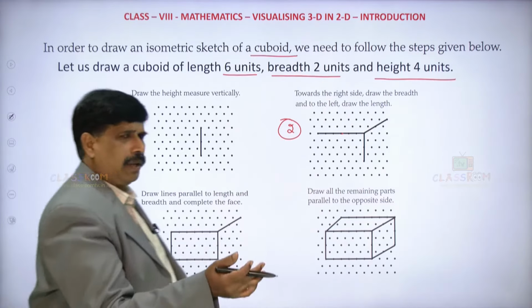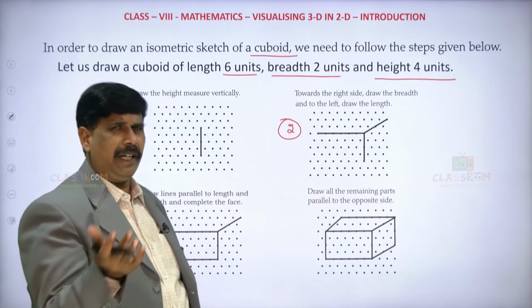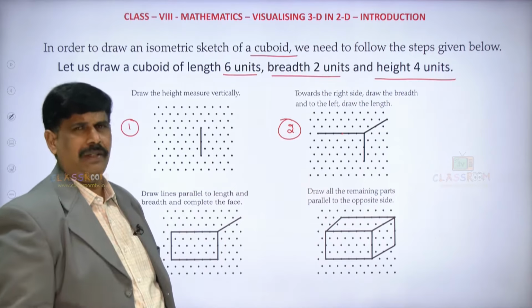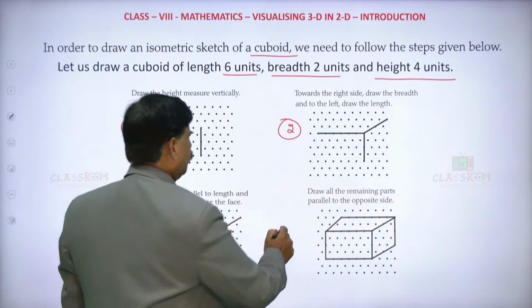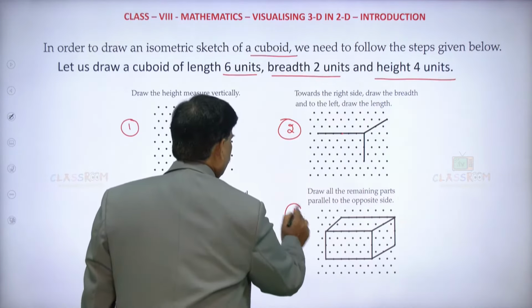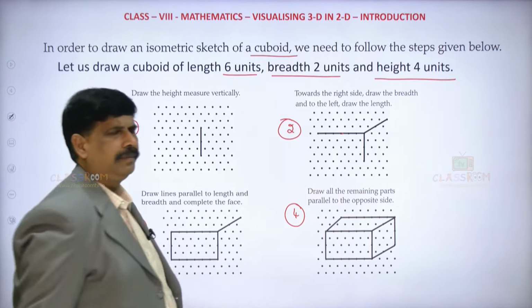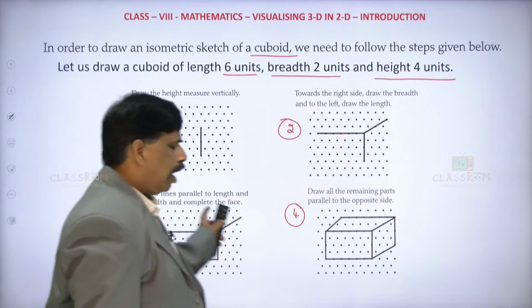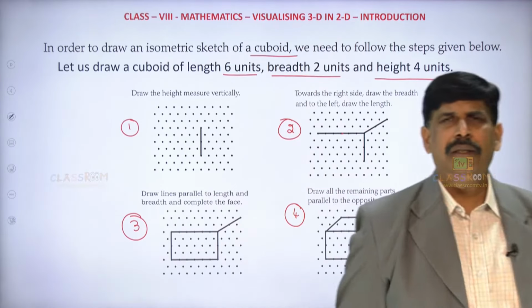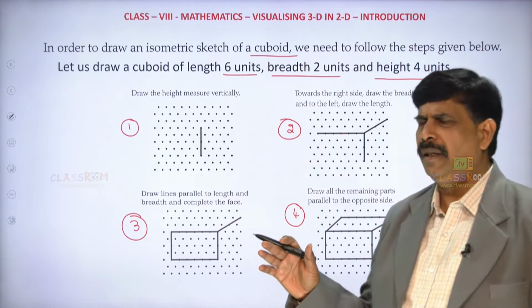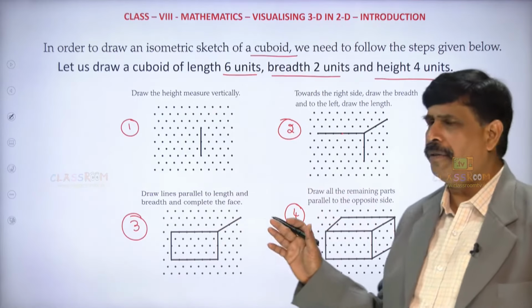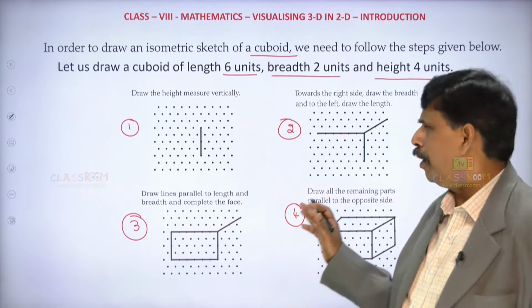And we will draw whatever the sides remaining, we draw the parallel sides. So this is the fourth step. Draw all the remaining parts parallel to the opposite side. Is it clear? So this is how we can draw a cuboid of given measurements by using isometric dot sheets.